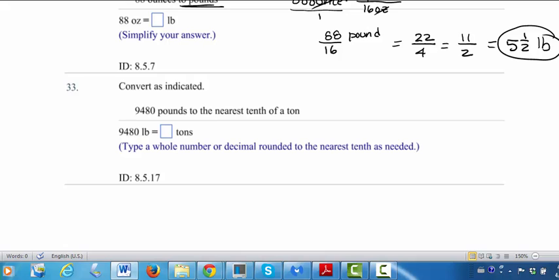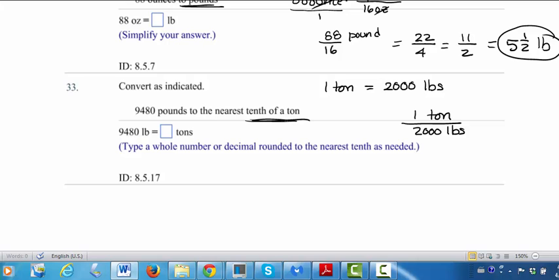Okay, our next one asks us to convert from pounds to tons. So our conversion here is 1 ton equals 2,000 pounds. So again, I'm going to tons, so my conversion factor is 1 ton over 2,000 pounds.